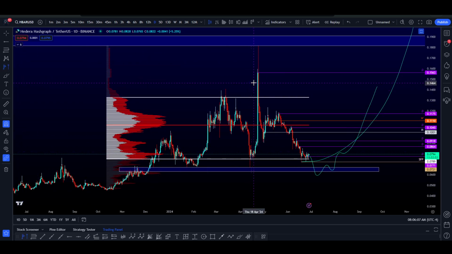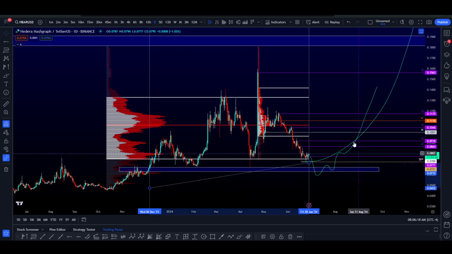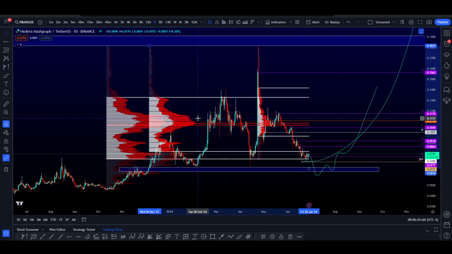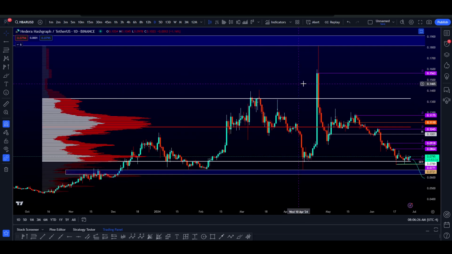Sometimes it's good to pull multiple fixed ranges just to see where things do line up. Make sure that you are using the best, most accurate fixed range volume profile based on your analysis. And in my opinion, this one is the most accurate so far.